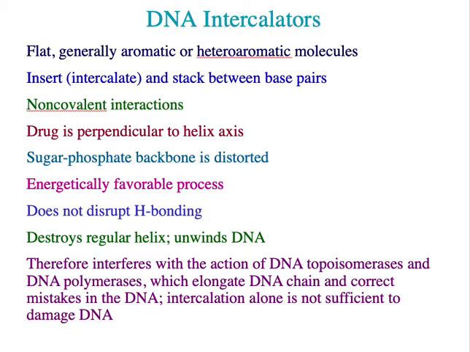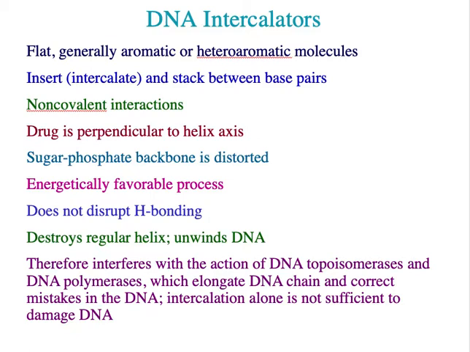DNA intercalators, so this is a broad class. They're generally flat and aromatic or heteroaromatic. They don't do anything for the H bonding, but they stack in between the base pairs, and they mess up the helix and help unwind the DNA. And so they mess up topoisomerases and DNA polymerases.